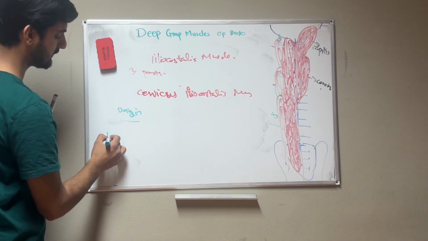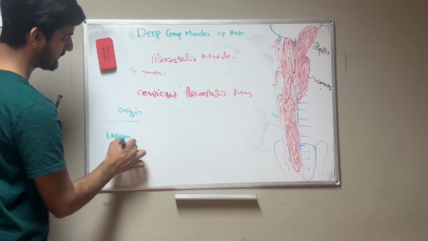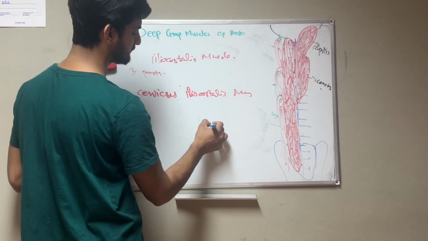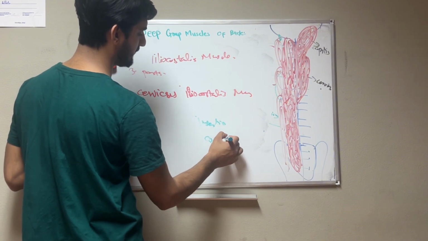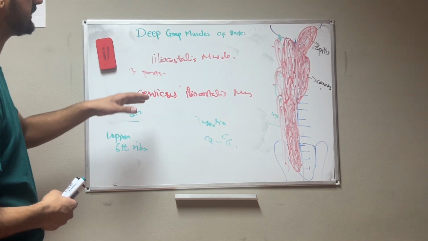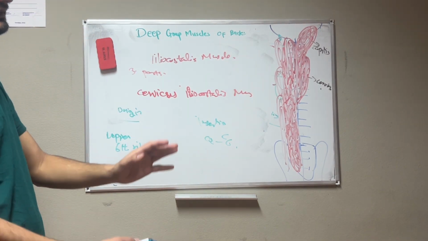Origin from the upper six ribs, and insertion at C2 to C6, the spinous processes of C2 to C6. These are the muscles which we discussed.